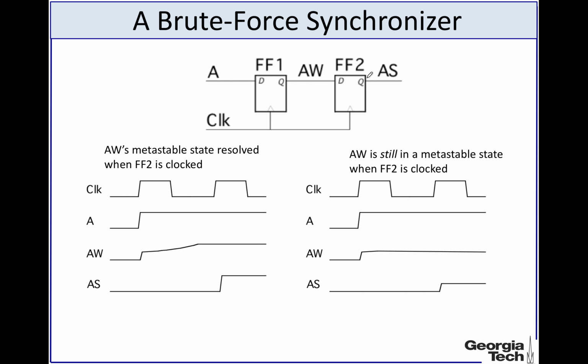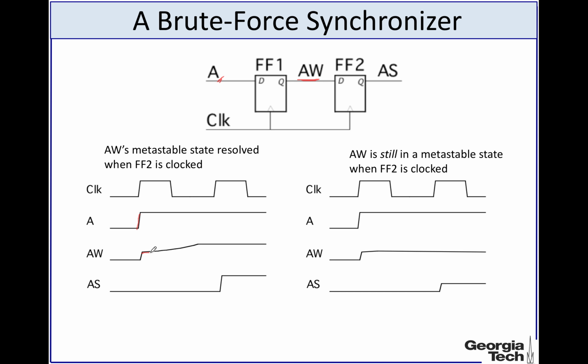Now let's try to explain what a synchronizer does. Let's say the clock signal arrived here and the input A changed right when the clock edge occurred, and as a result this intermediate output AW went to a metastable state.